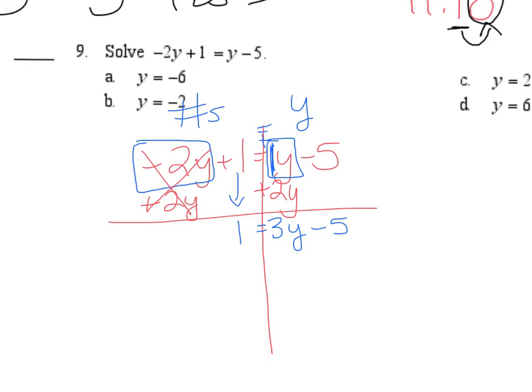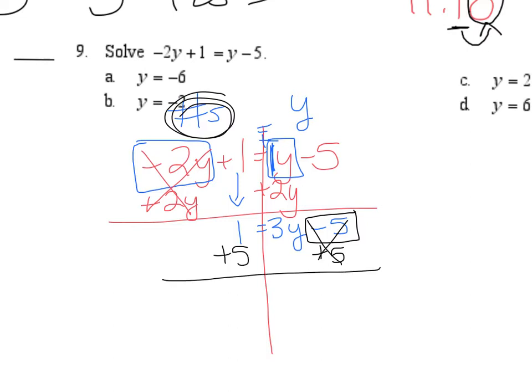Alright, so now I have this minus 5 or negative 5 on the right hand side, but we said earlier I want my numbers over here. So I need to move it. So the way I move it is plus 5 because it's the opposite operation. So this cancels. What I do to one side, I have to do to the other. So now I'm left with 6 equals 3y.